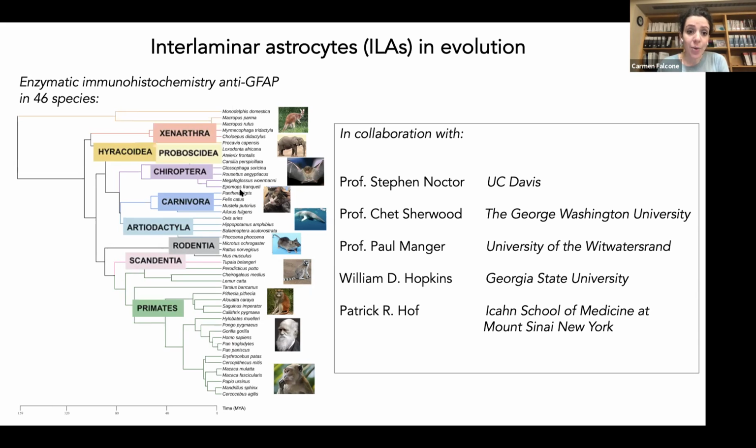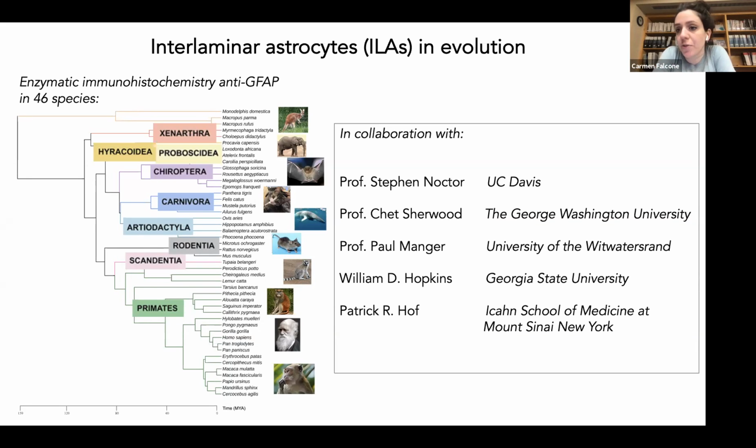And as you can see here, we have pretty diverse orders: elephants, Chiroptera, which are bats, carnivores, for instance the cats or tigers, and the artiodactyls, for instance the sheep, or the cetaceans that are here, then rodents, and then of course a lot of primates, which we knew already we would find them in.